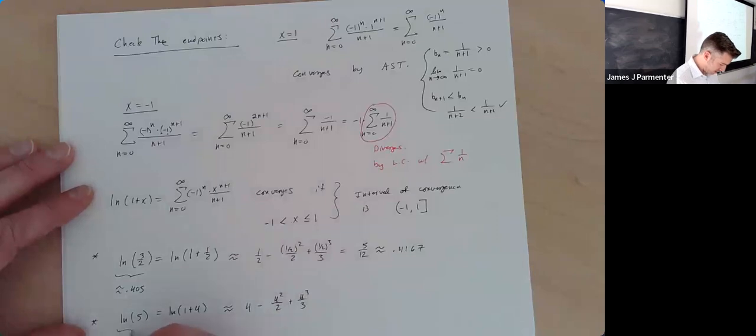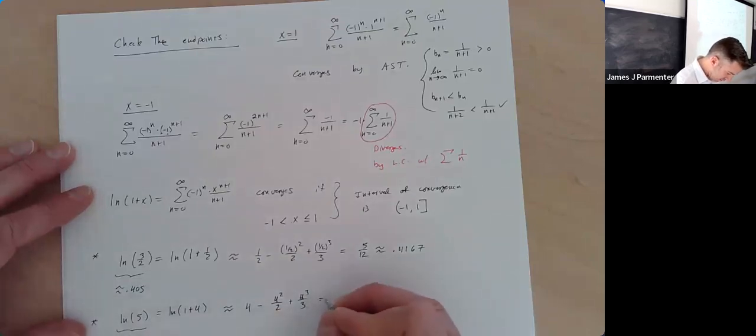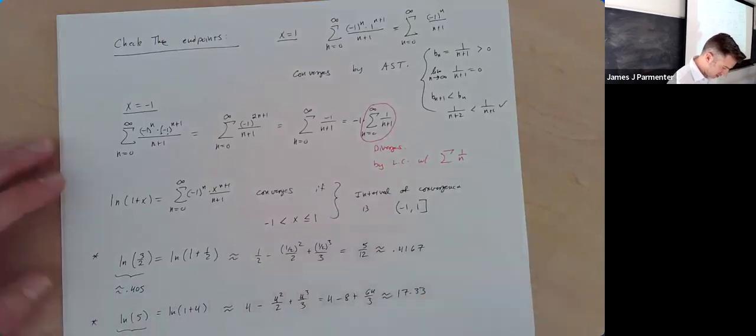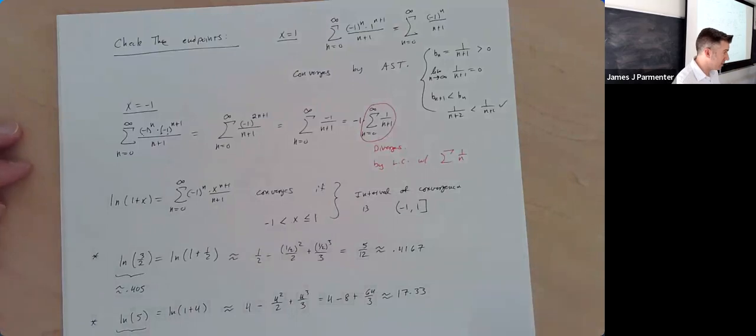The natural log of 5 is approximately 1.61, whereas this number over here is, let's see, 16 over 2 is 8, plus 64 over 3. That's about 17.33. Those are very, very different from each other.